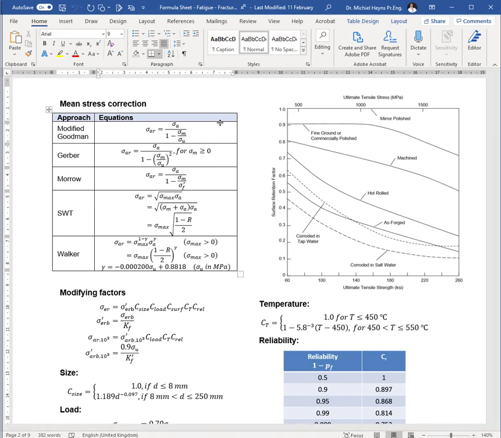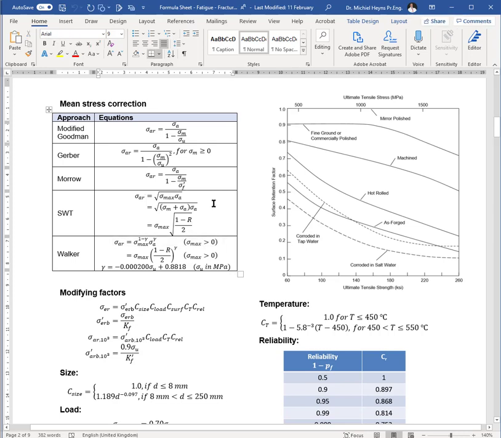We have the Gerber equation, then we have the Morrow equation, which is basically a modification of the Goodman equation to look at the true strength at break, sigma F. If you look at Dowling's textbook, that's the strength at break that you can use there. And that's very good for ductile materials. And then we have the SWT and the Walker methods, which all have the same application region.